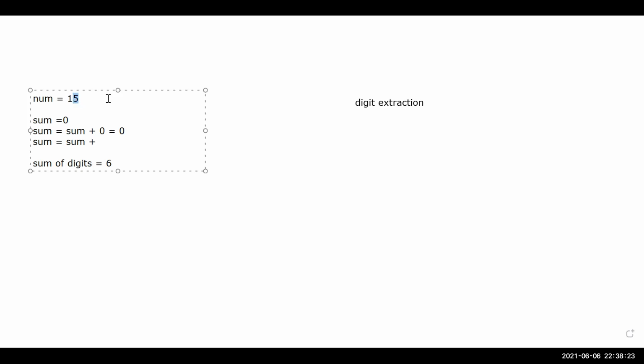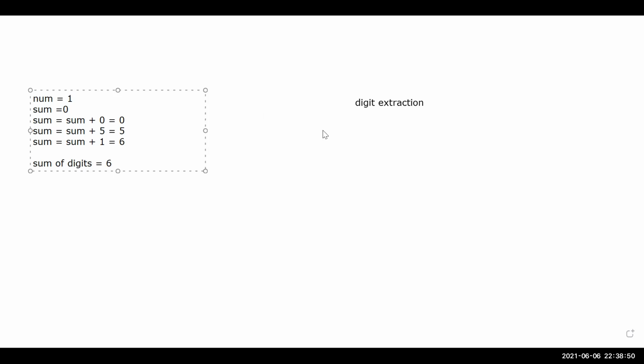So it is 5. We will add 5 here and it becomes 5. Then we will remove this digit from the number. Now what remains is 1. So again, in the same sum variable, we will add 1 and hence we will get 6. So in this way, we are getting the sum of digits as 6.